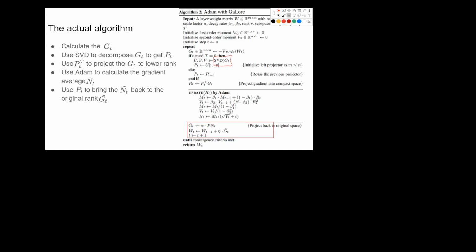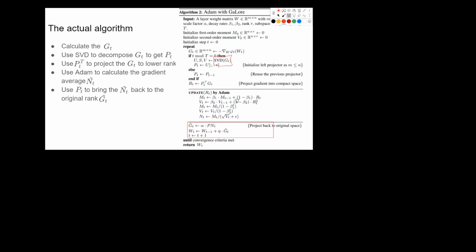For example, if we hope that the rank of the gradient will be less than 512, we can check the eigenvalues after the 512th to see if all of them are small values. If all of them are very small, we know that the GT is in a lower rank.